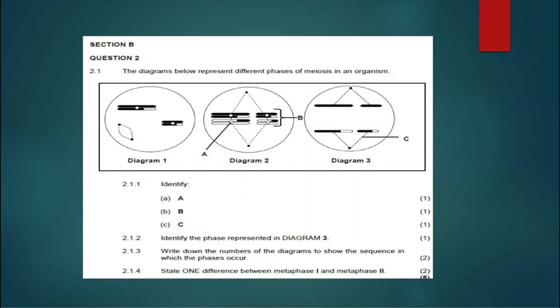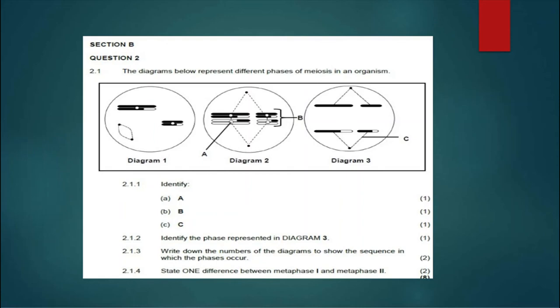Write down the numbers of the diagrams to show the sequence in which the phases occur. Diagram 1, that is prophase 2. Diagram 2 is metaphase 1. Diagram 3 is anaphase 2. So the answer is diagram 2, diagram 1, diagram 3.